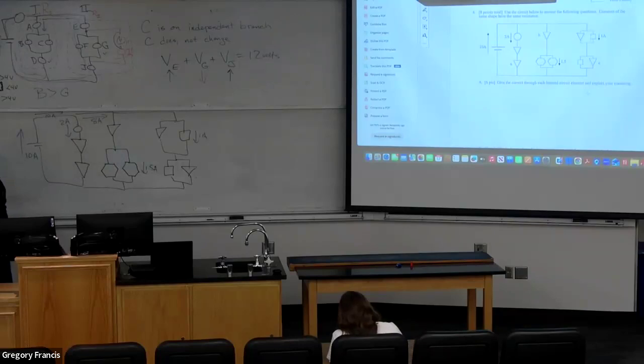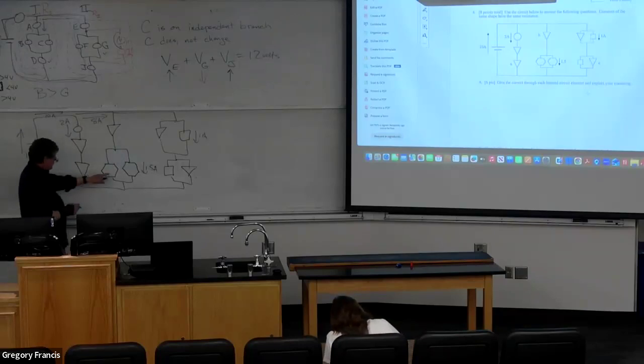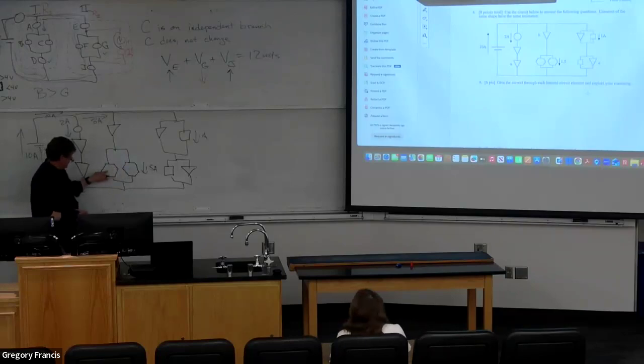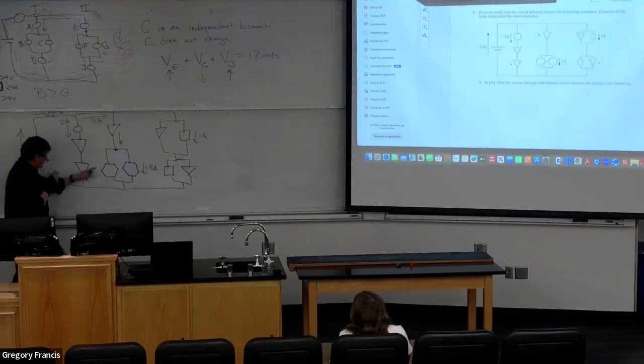Does that make sense? Now, I know that these two are equal to each other and they're parallel to each other. And so when the current splits right here, whatever comes down that path, when it splits right there, it splits 50-50. So I must have 1.5 amps going through this hexagon, just like that one.